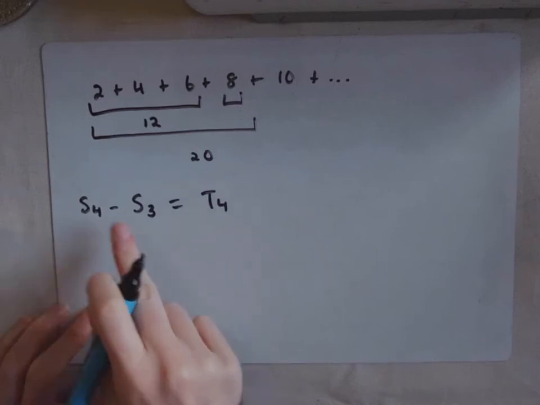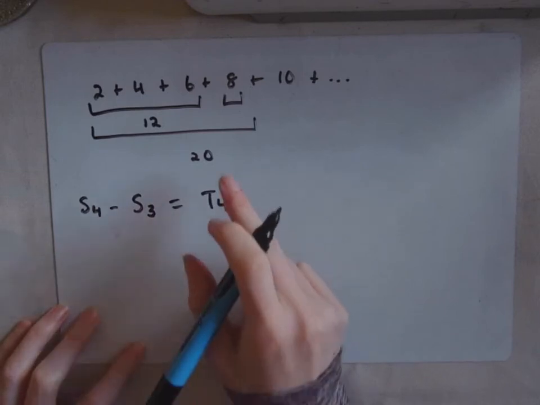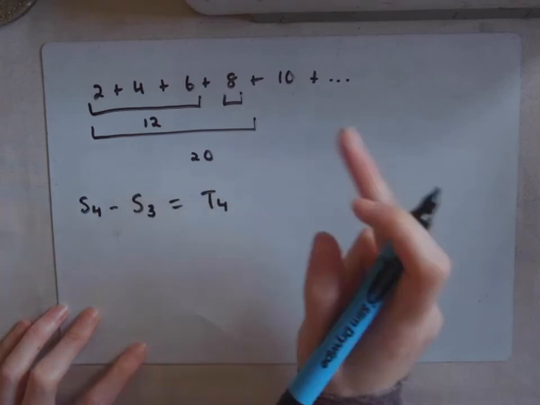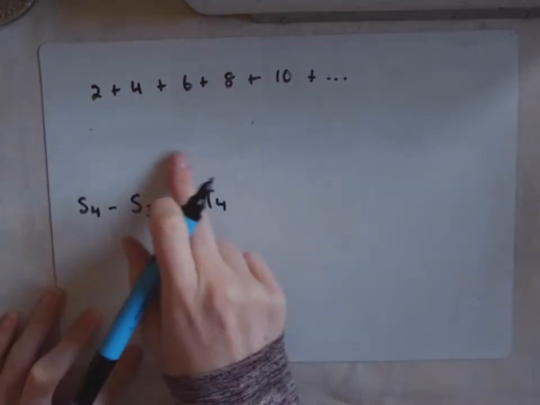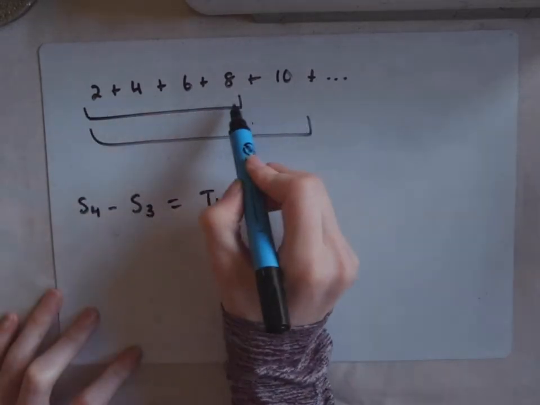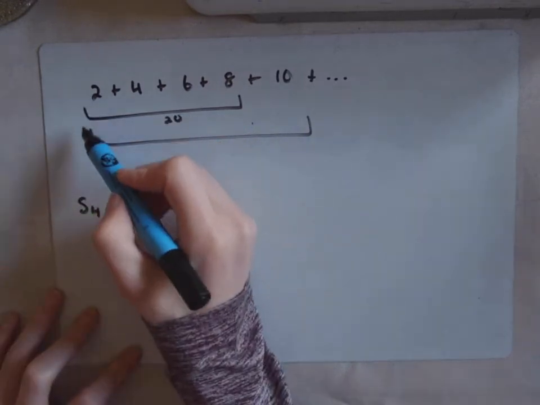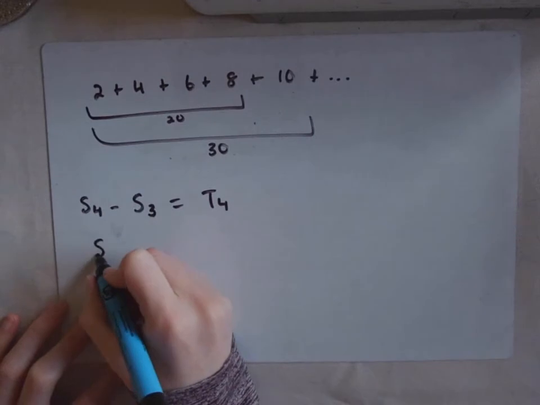Okay? And that would be the same if I was interested in these, the sum of the first four, which we said was 20, and the sum of the first five, which would be 30. Sum of 5 take sum of 4 gives me the 10, which is T5. So you're going to use that now. This is something really important.